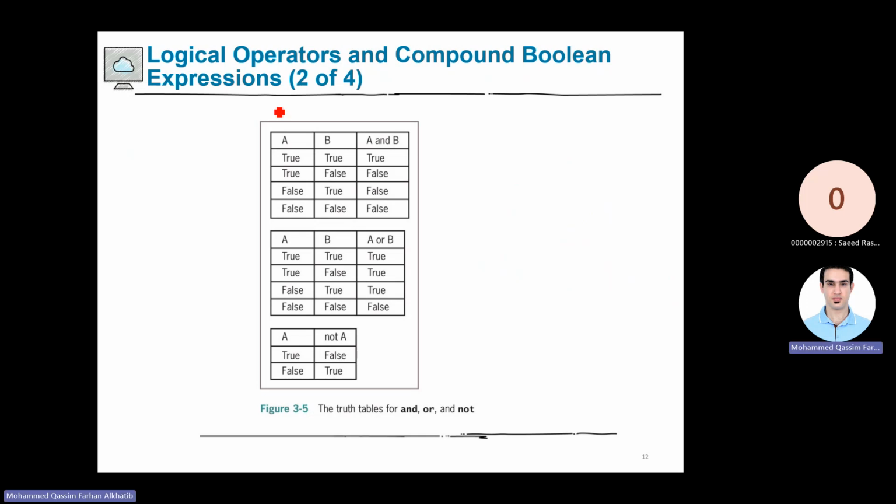So what do you call this table? This table, what do you call it? And this one? Truth table. Well, digital logic design is an advanced level compared to this one. But they took it in math. My experience told me that they took it in math.